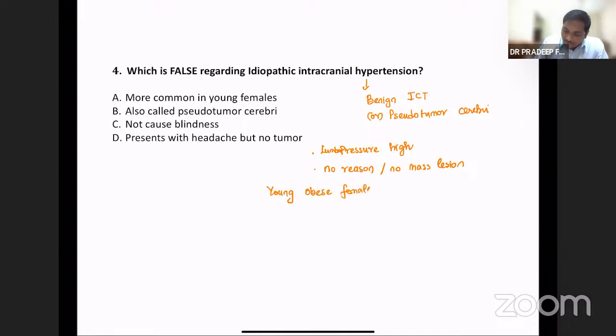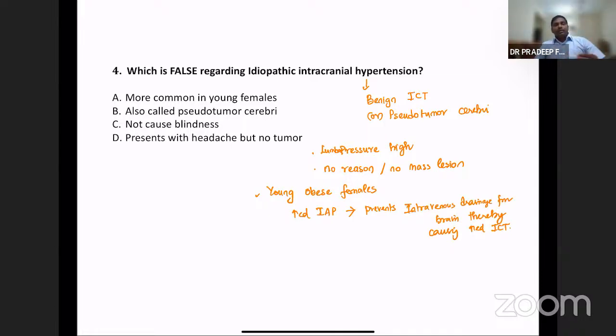Because of this, young obese females have an increased intra-abdominal pressure. This somehow prevents the venous drainage from the brain, thereby causing increased ICT.